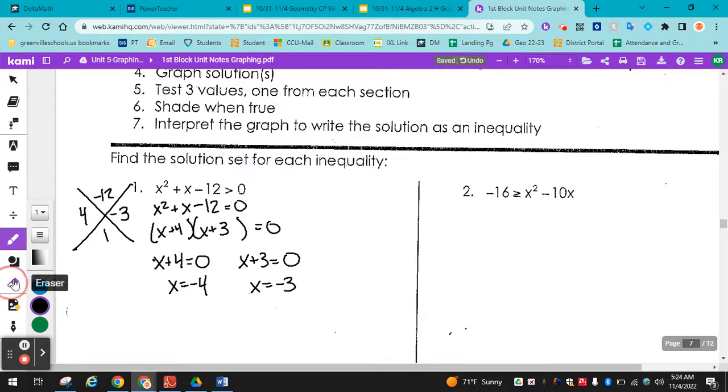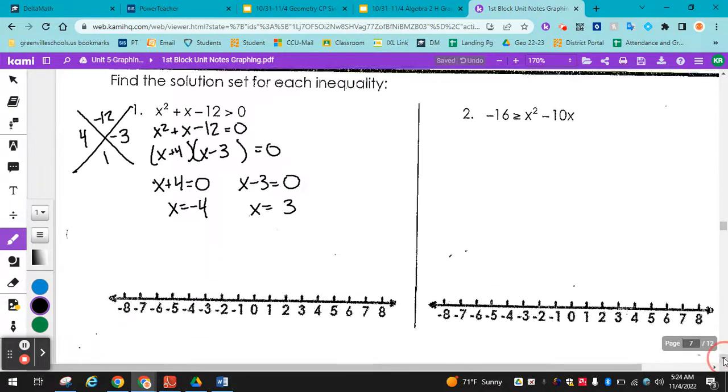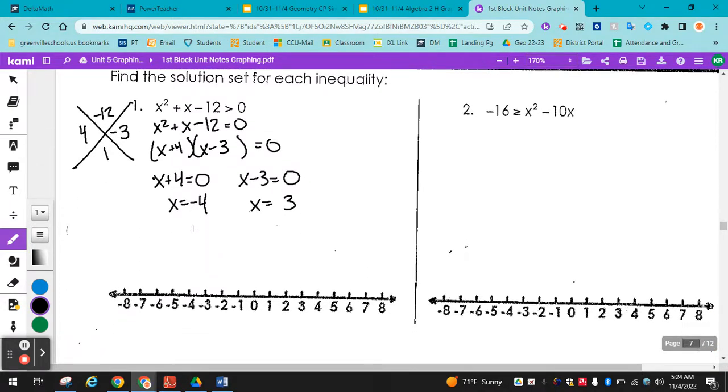Nope, I did some signs wrong. It was a negative 3. So that'd be negative, so that'd be positive. Negative 3. Yep, that looks better. Okay. So at negative 4, we're going to come down here, and we're going to put an open circle, because remember, inequalities, this is greater than.